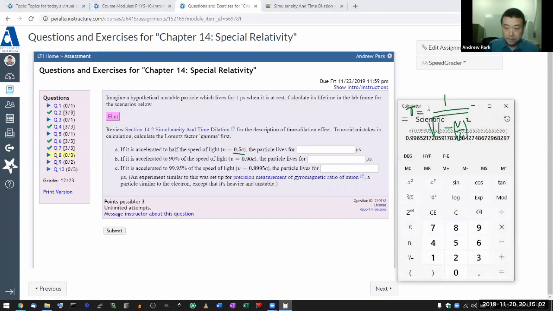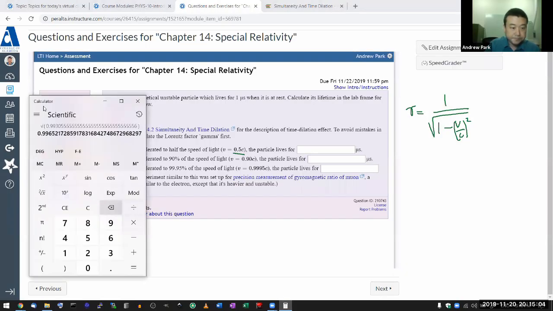So I have V over C, 0.5 squared, put that into memory, 1 minus the number in the memory equals 0.75, take the square root, 0.866, put that in the memory, 1 divided by that number in the memory.